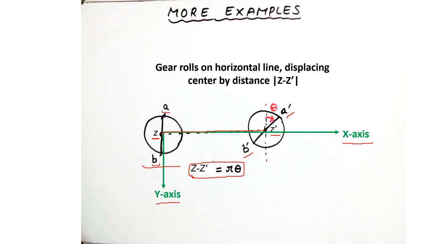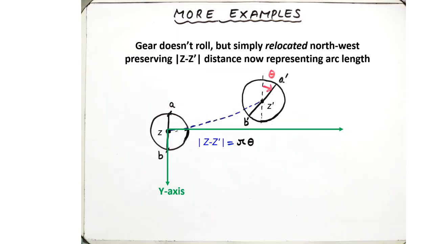So we say that the planet gear A rolls on a horizontal line, displacing its center by distance Z Z prime. However, we know that the final position of the center of the planet gear A does not lie on the x-axis, rather it was shifted upward because the motion path is actually an arc.